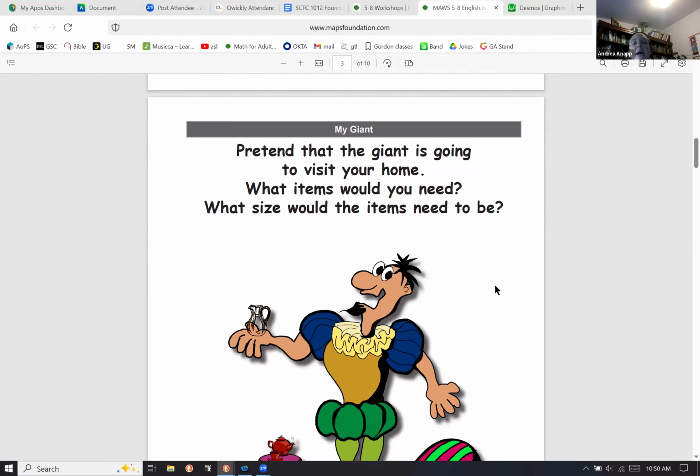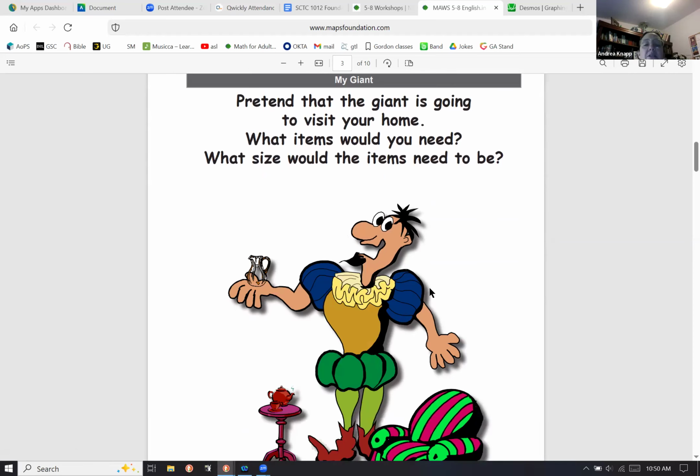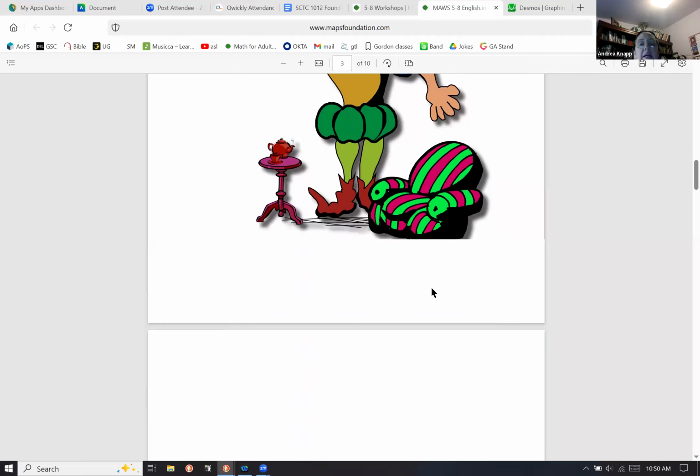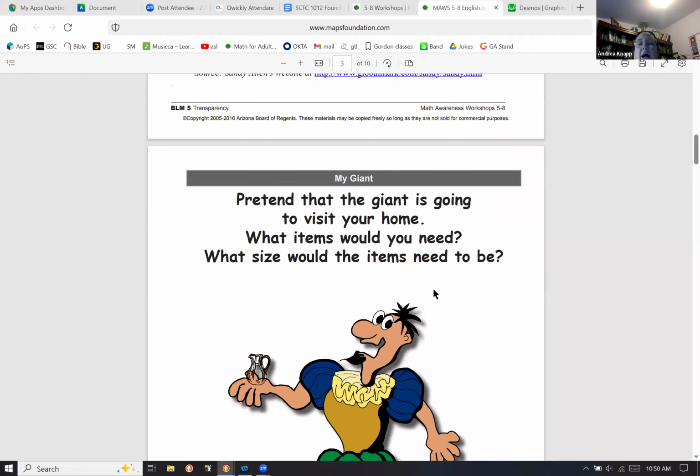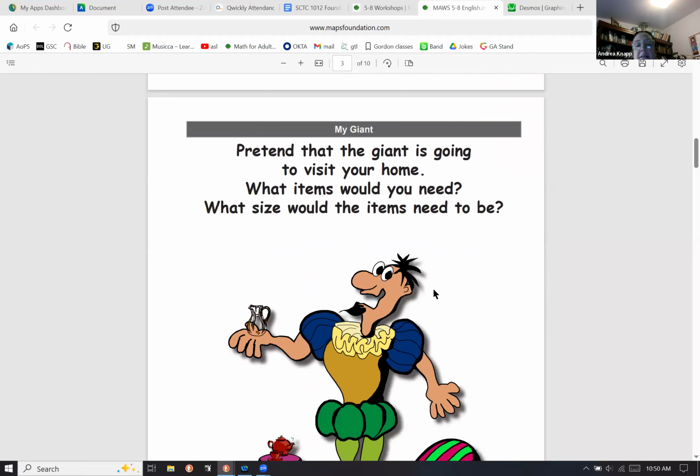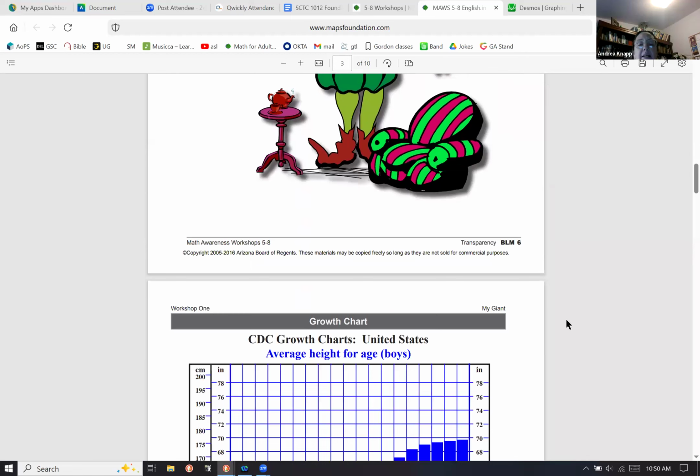Anyway, pretend that the giant is going to visit your home. What items would you need? What size would the items need to be? And especially, how high would the ceiling need to be? So you need the height.